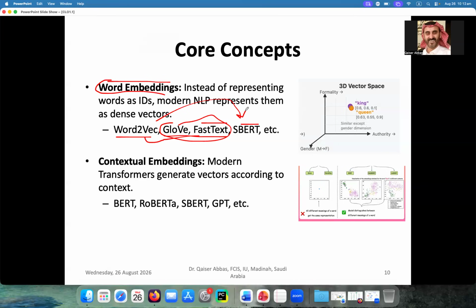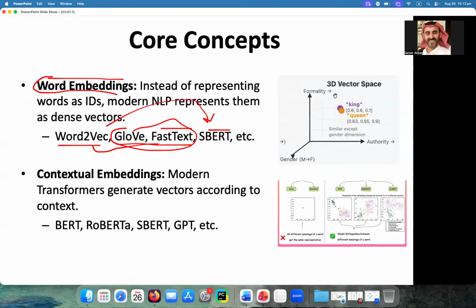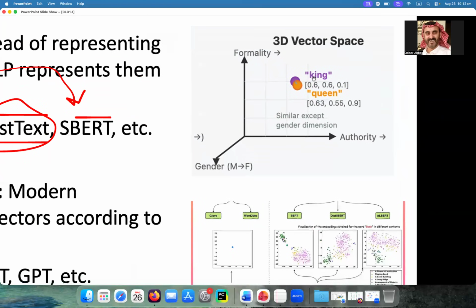So what is the form of these word embeddings? You can see something like that in this picture. Here we have one word, and the vector for this is 0.6, 0.6, 0.1. And then there is another word, queen, and the vector for this, for example, and this is not an exact example, just 0.63, 0.55, 0.9. These vector values normally have some meaning.